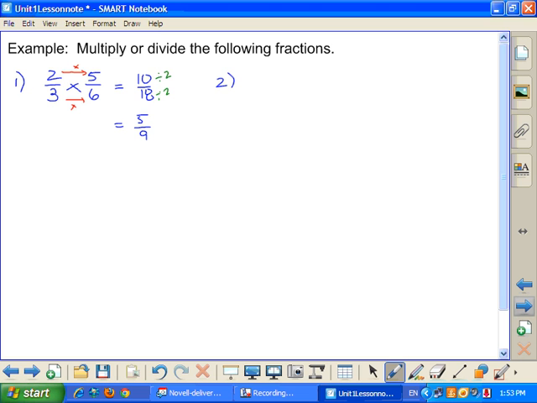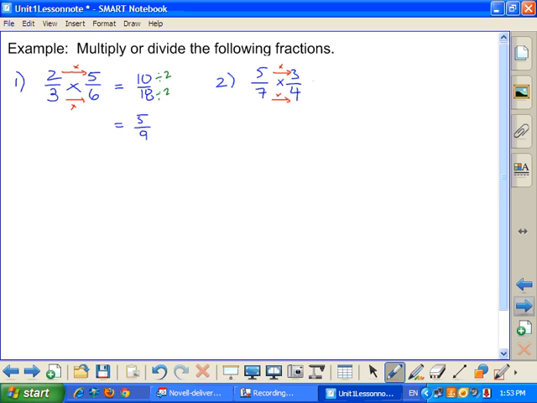All right, let's go with 5/7 multiplied by 3/4. Okay. So the rule again, you multiply your numerators together, you multiply your denominators together.